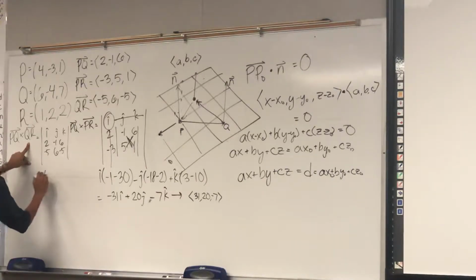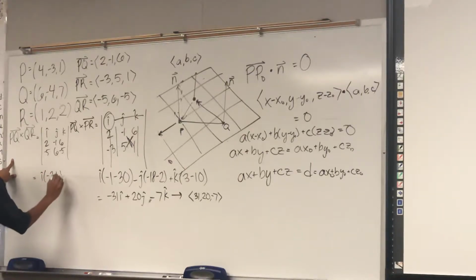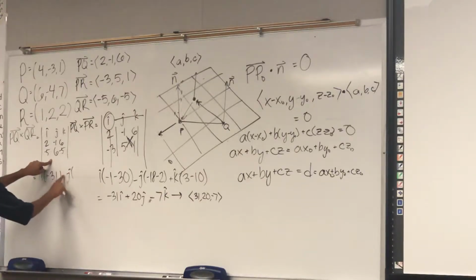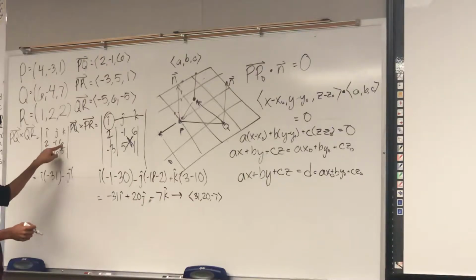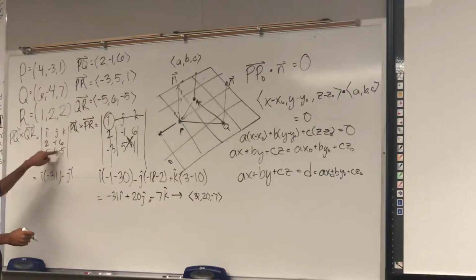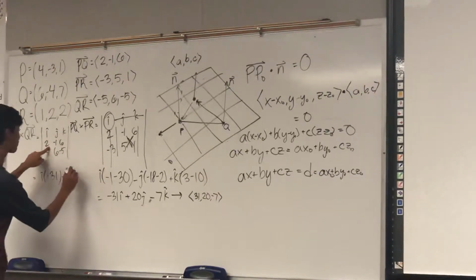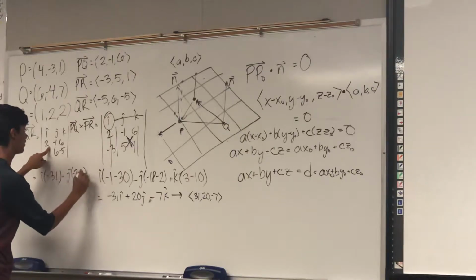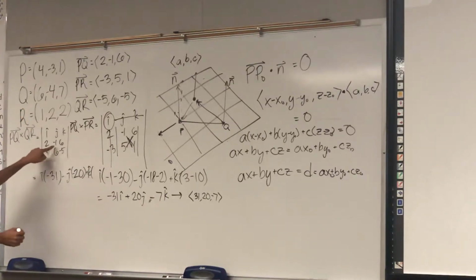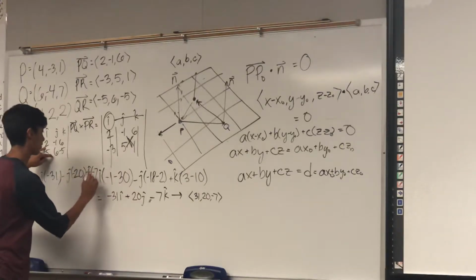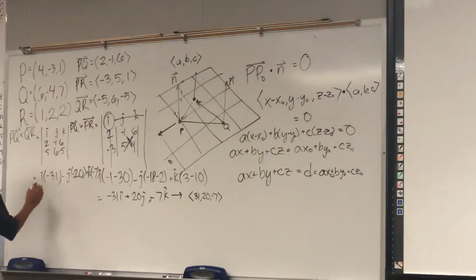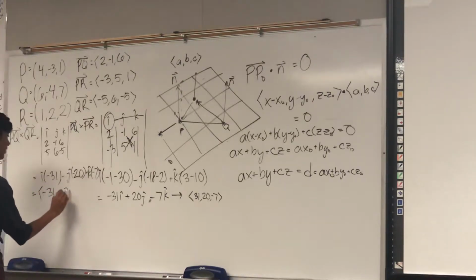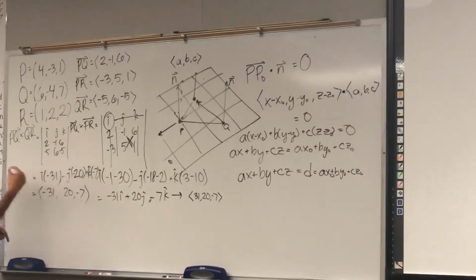That's equal to i hat times 5 minus 36, negative 31, minus j hat of 6 times negative 5, negative 30, minus negative 5 times 10, so negative 30 plus 10, negative 20, plus k hat of negative 1 times negative 5, 5, minus 2 times 6, 12, so 5 minus 12 is negative 7. In vector notation that's negative 31, 20, negative 7.